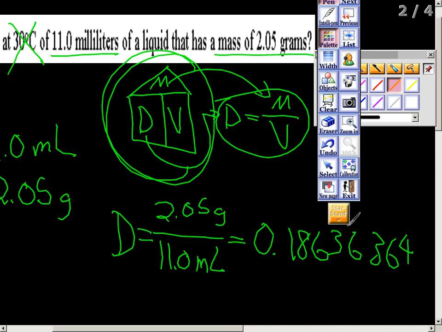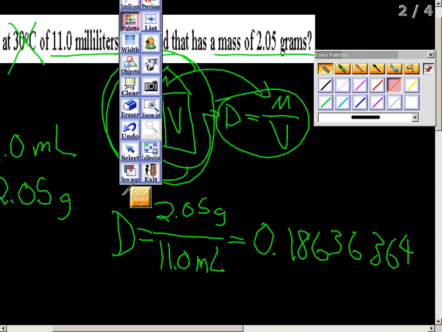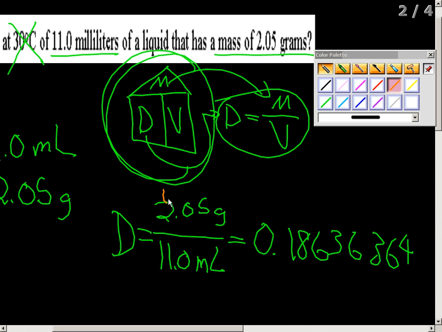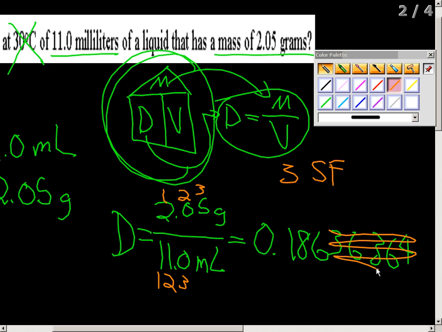So right here, my 2.05 has 1, 2, 3 significant figures. 11.0 has 1, 2, 3 significant figures. So my answer needs 3 significant figures. So I'm going to ignore all of this and just round it to 0.186 grams per milliliter.